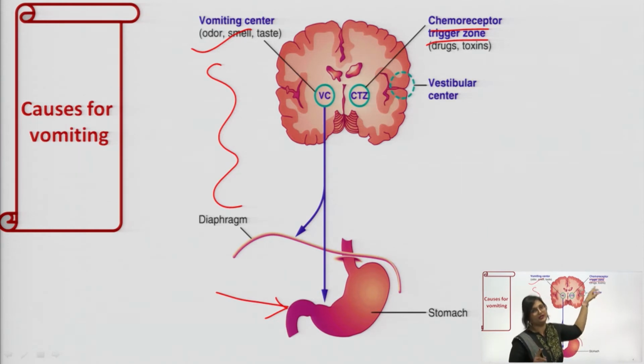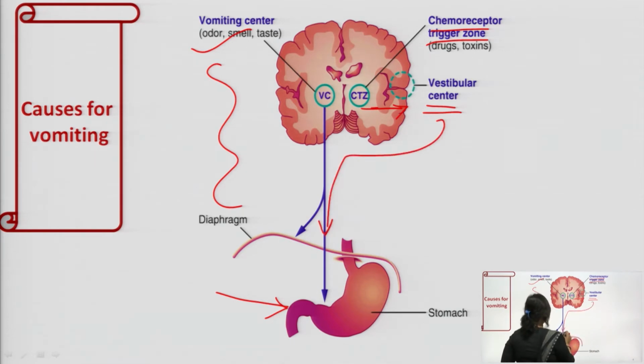These have the ability to reach the chemoreceptor trigger zone. This CTZ further sends signals towards the vestibular center, and this vestibular center sends signals towards our diaphragm, so that there is a constriction of the diaphragm.